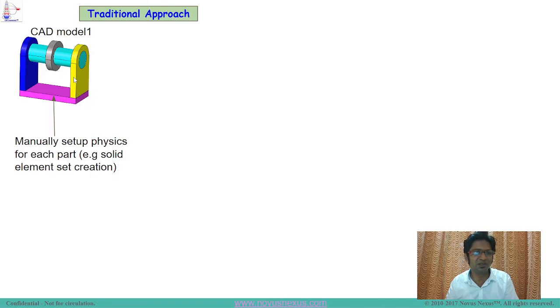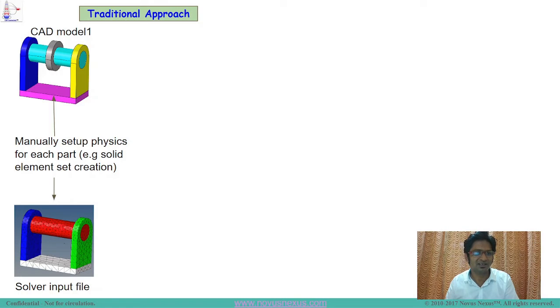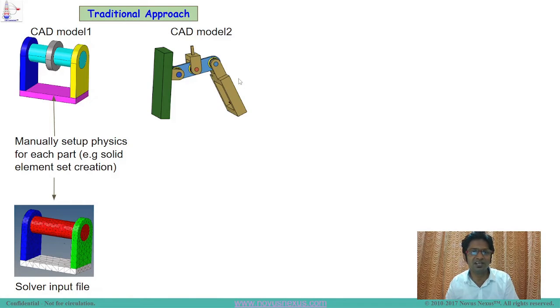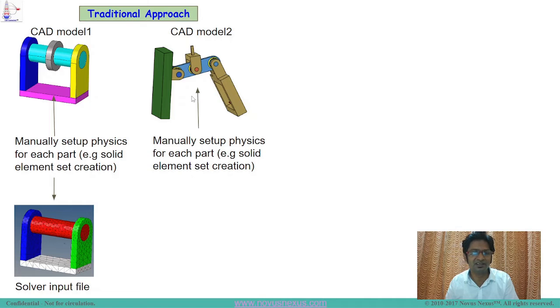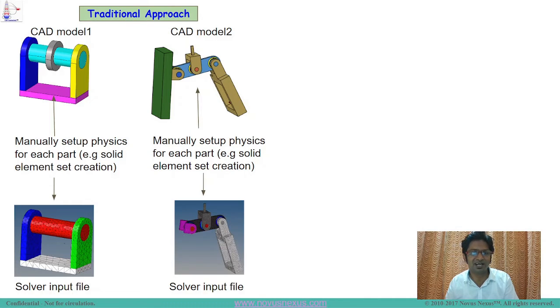Then I'll do it manually and make sure that all the parts have the solid element set related physics, and that will give me my intended input deck. Tomorrow, when I'm dealing with some other CAD model, I repeat the same procedure manually and make sure that the solid element set related physics is getting applied to my intended CAD parts or not.